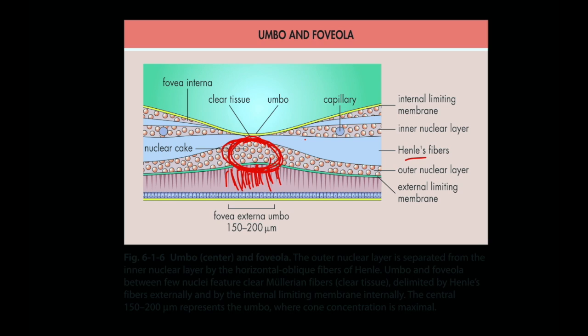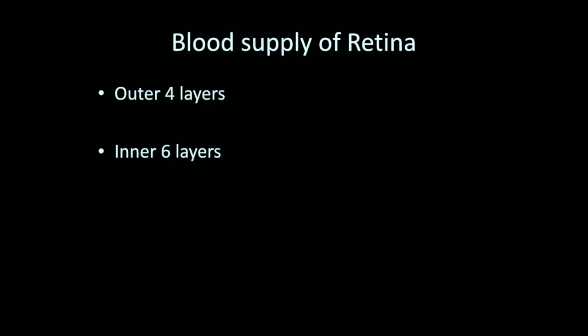So it's called a nuclear cake. The other name for this nuclear cake is gateau nuclear. Gateau nuclear is the other name given for the nuclear cake, which is nothing but the cones getting sandwiched between them.